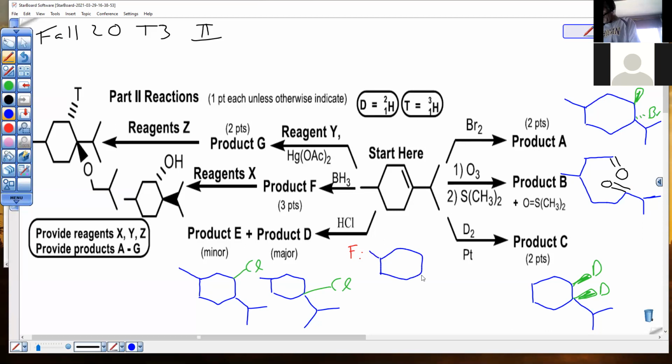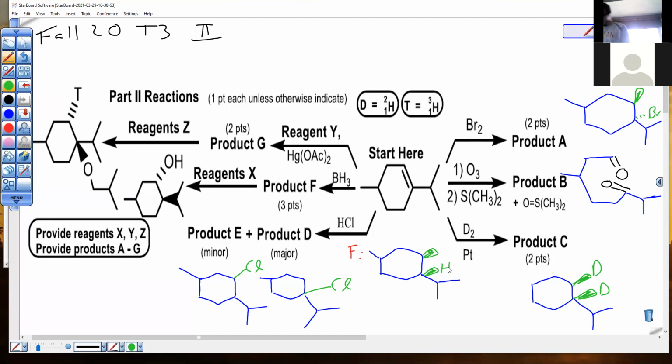Methyl up here, isopropyl here. This is one of the later reactions where both the B and the H get delivered at the same time. So there has to be a syn addition as well, just like the D2 Pt. And this part of the reaction is Markovnikov. The more electronegative H goes on the more substituted carbon.